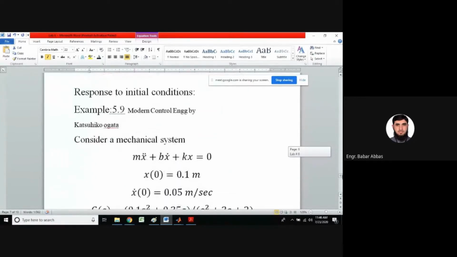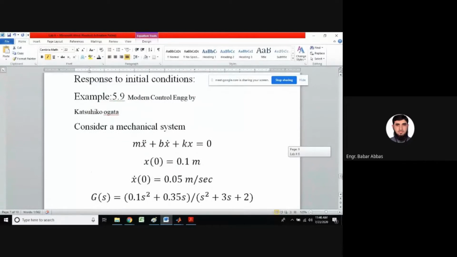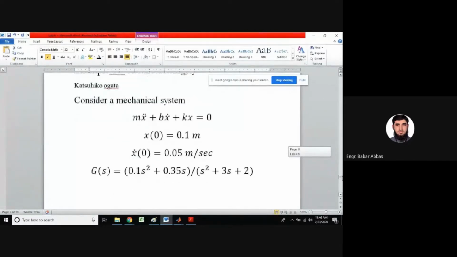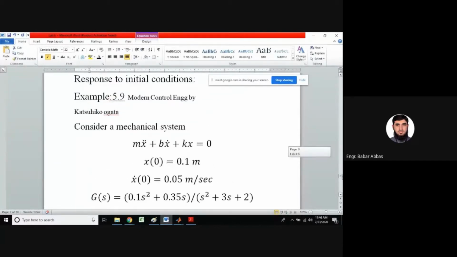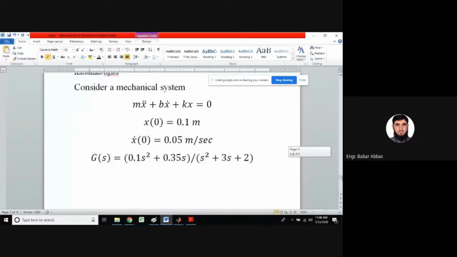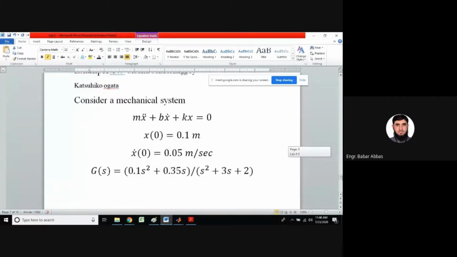Similarly, I have an example from the Modern Control Engineering book written by Ogata. In this system, which is basically a mechanical system, Example 5.9 in the book, we have m x double dot plus b x dot plus k x, with the inertia, viscous damper, and spring constant m, b, k.